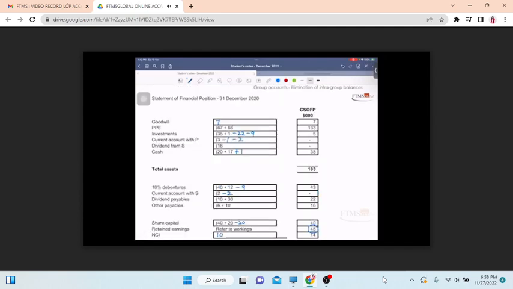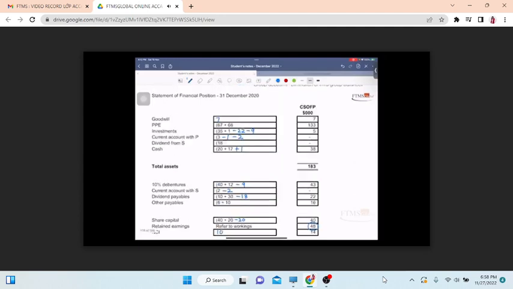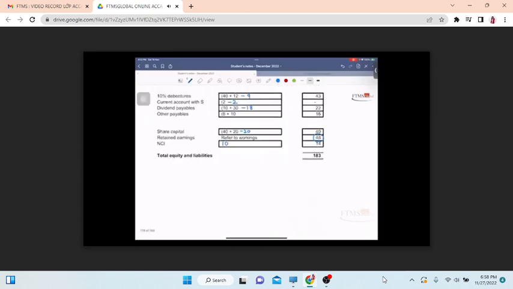Then dividend payable, debit dividend payable means minus, and credit dividend from S, minus. And lastly, the retained earnings, NCI share of post-acquisition RE, debit RE, you will not care, and you will just credit NCI.